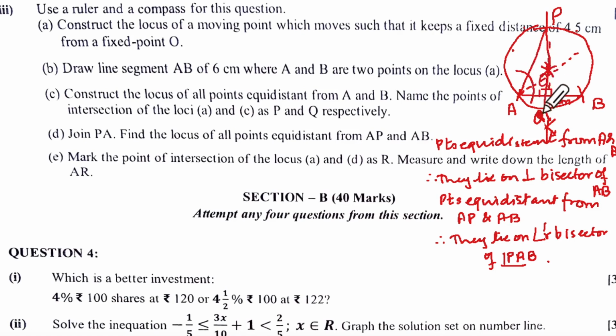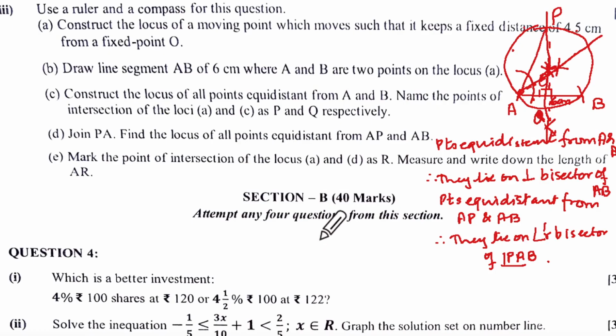So what we'll have to do? Mark one arc like this, using A as the point of compass, this as the center. We have to mark one arc, then take this point and this point. You know how to get the bisector. Now you will get this way. Read.